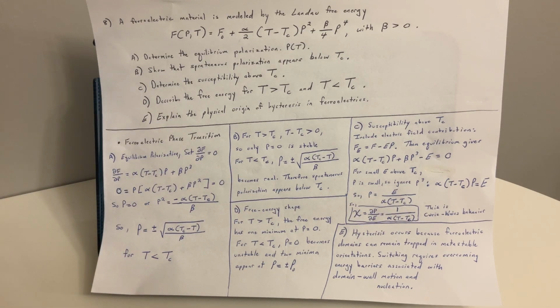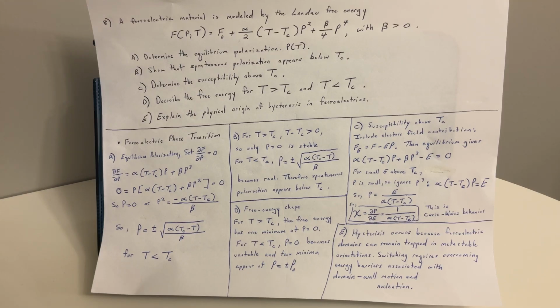Letter D, describe the free energy for T greater than T sub c and T less than T sub c. For T greater than T sub c, the free energy has one minimum at P equals 0. For T less than T sub c, P equals 0 becomes unstable, and two minima appear at P equals plus or minus P naught.